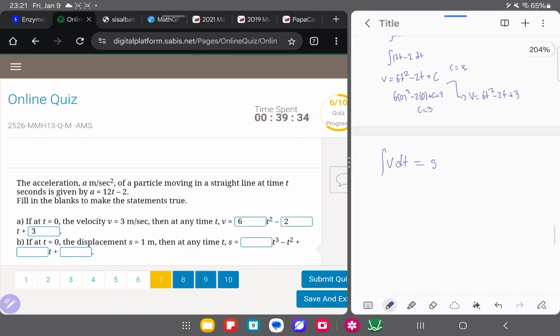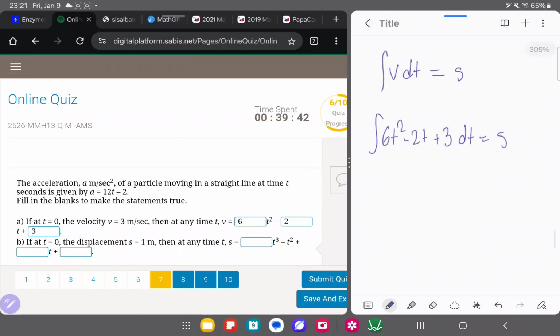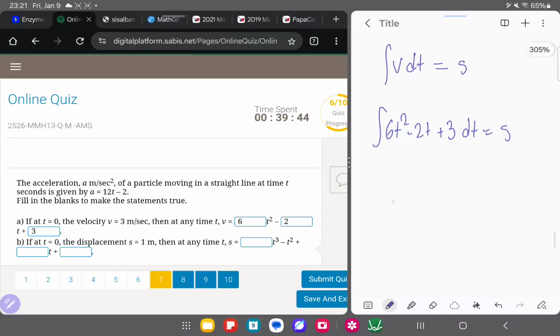So we'll just simply integrate this formula again. It becomes 2t cubed minus t squared plus 3t plus, normally x0, but for now we'll just put c. And this is supposed to be equal to our displacement.